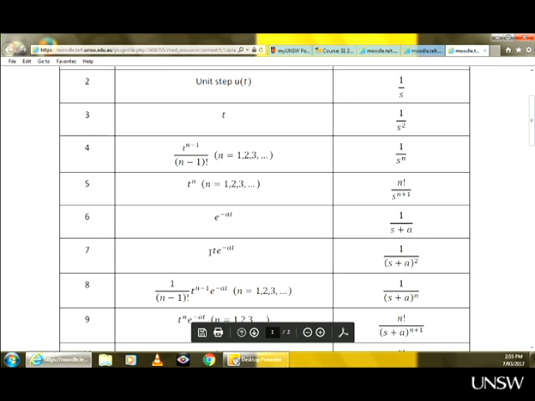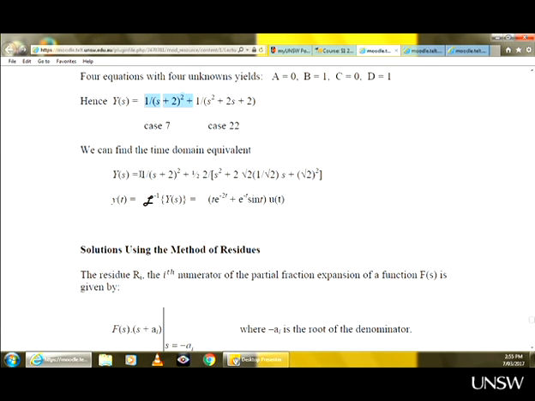T times e to the minus at will give us 1 over S plus a squared, and vice versa. So that is exactly what we have here, 1 over S plus 2 squared. So that will give us T times e to the minus 2t. That is an easy part.